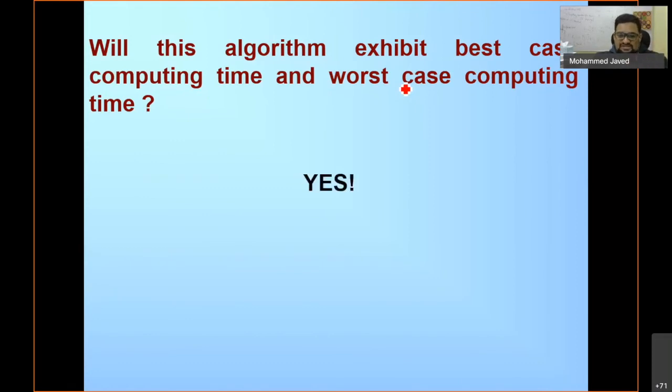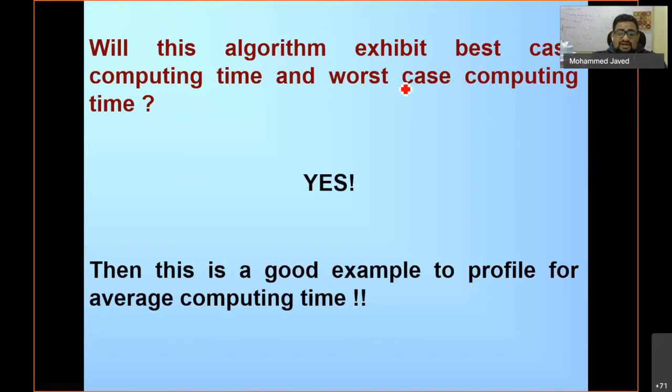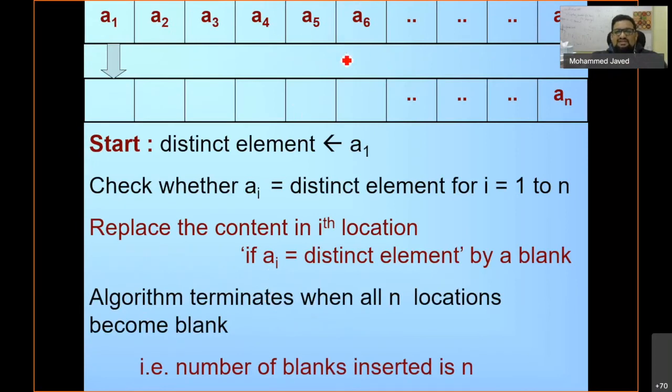I have shown some 4 cases, so can you say whether the algorithm you are designing here will exhibit the best case and the worst case computing time? The answer is yes. So this is a good example to profile for average computing time, because you have the best case and the worst case on the other side, and in between you can take the inputs and then calculate the average time. So let us design the algorithm.